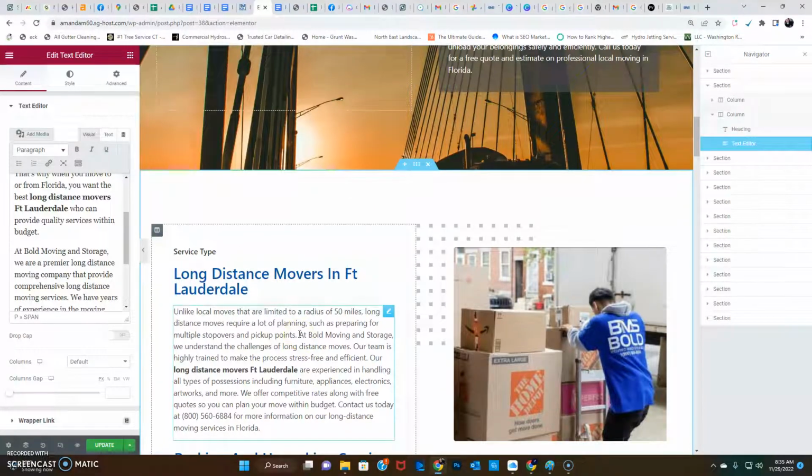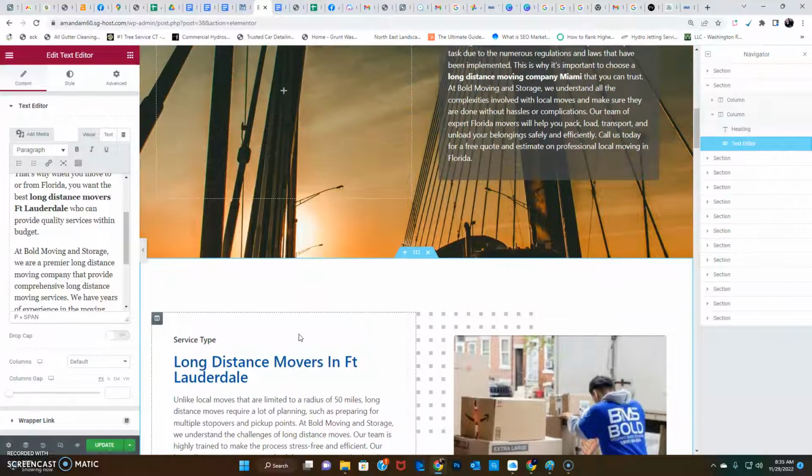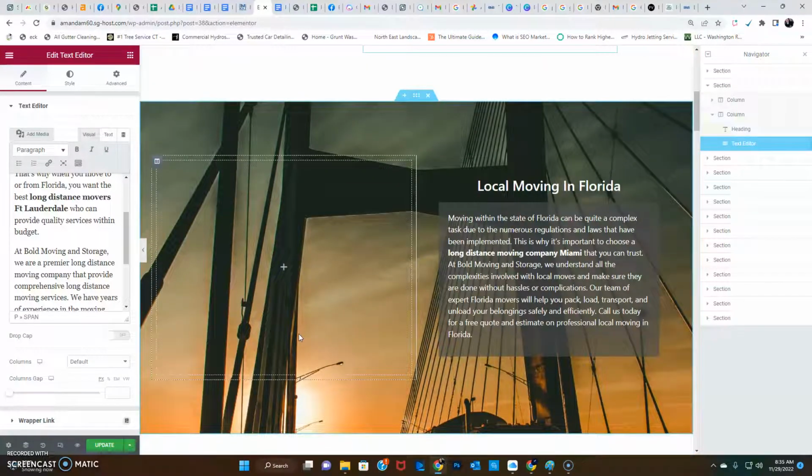And then with this, I'm assuming this is a picture in Florida. The only thing is that I would probably want to have it geared towards moving.